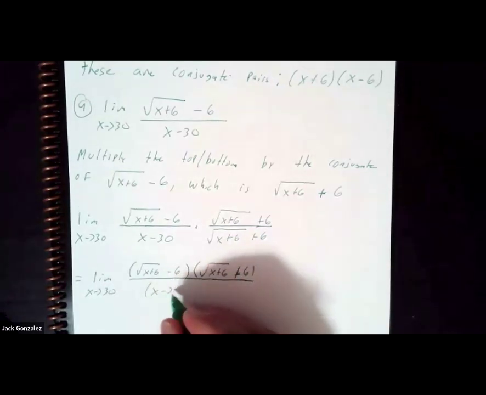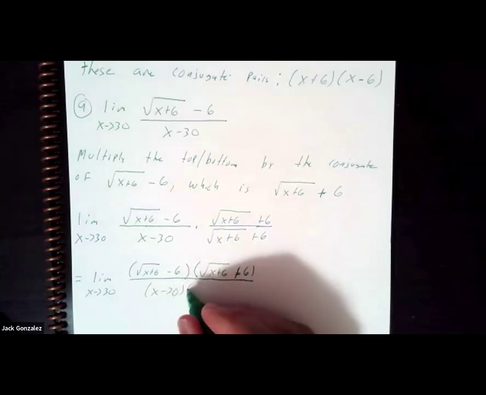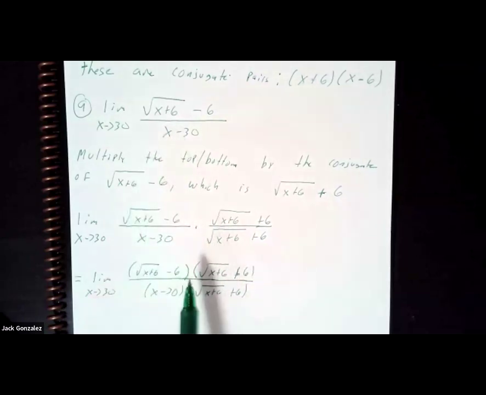So here we go. I advise you not to multiply the bottom part because it's going to get messy. What you're really doing is forcing the top to become a difference of squares. That way you'll get rid of the square root and then you can plug in 30. Currently we can't plug in 30. So we got to hope that something will come out that will cancel this guy.